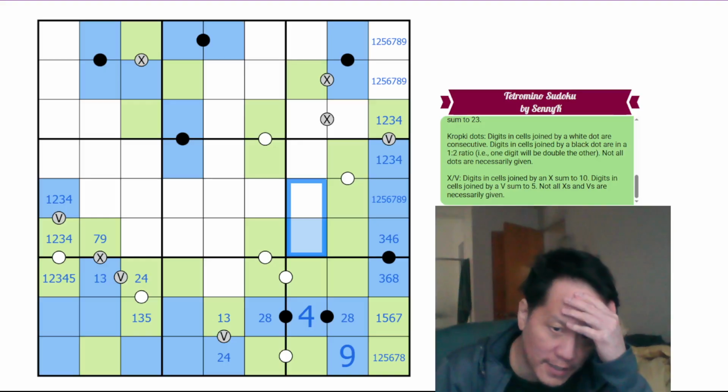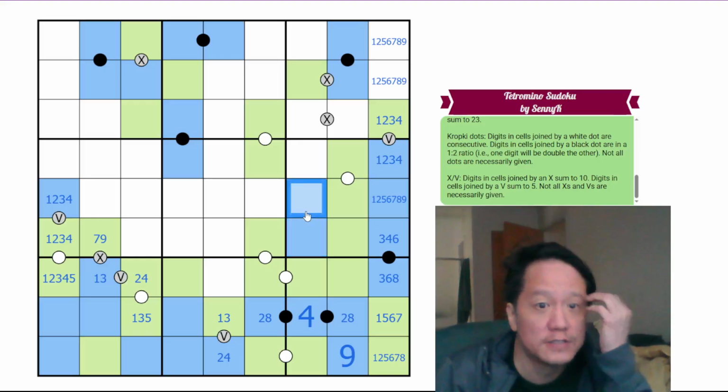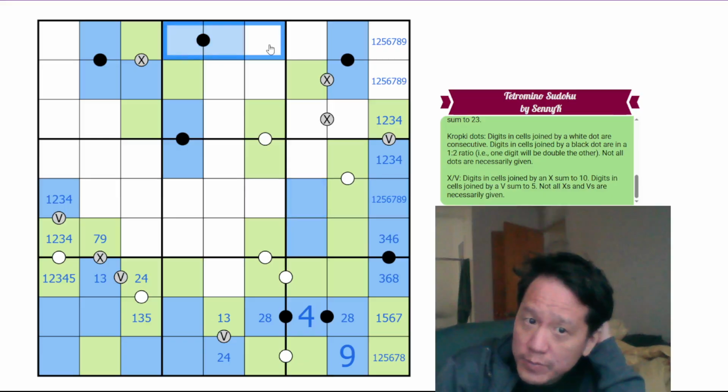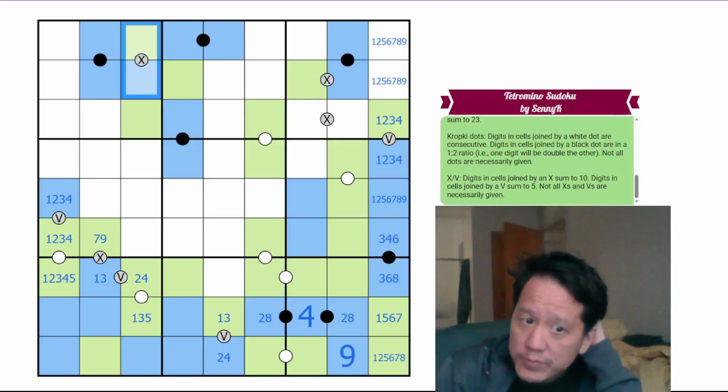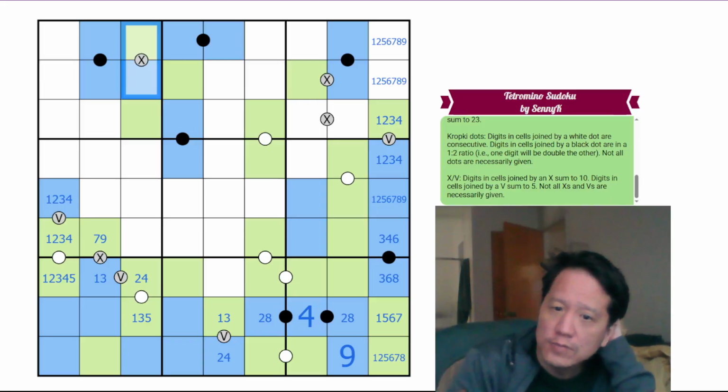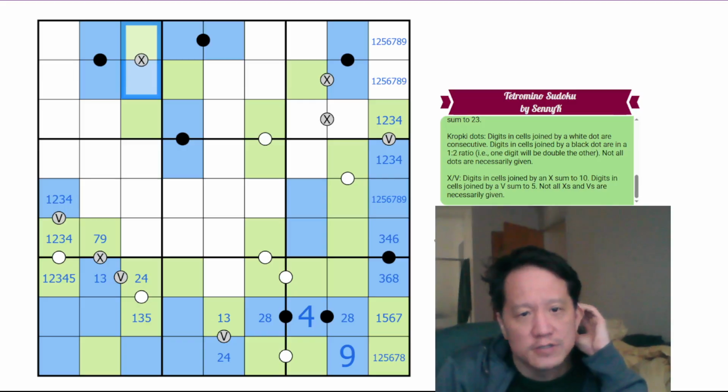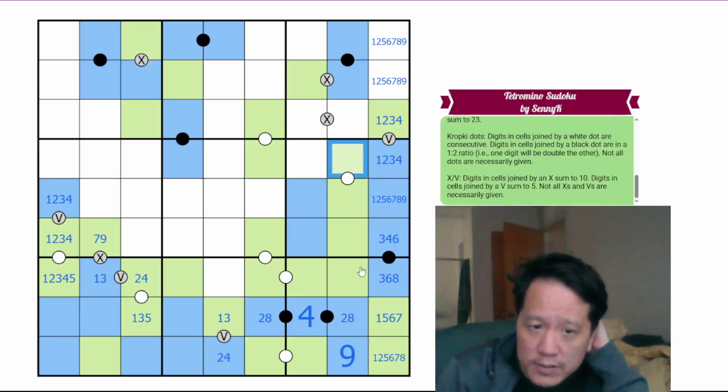This must exit out as part of a tetromino. The problem is we don't know what this is. This adds up to, this is either, there's many combinations, that's not worthwhile to do that. These are consecutive.